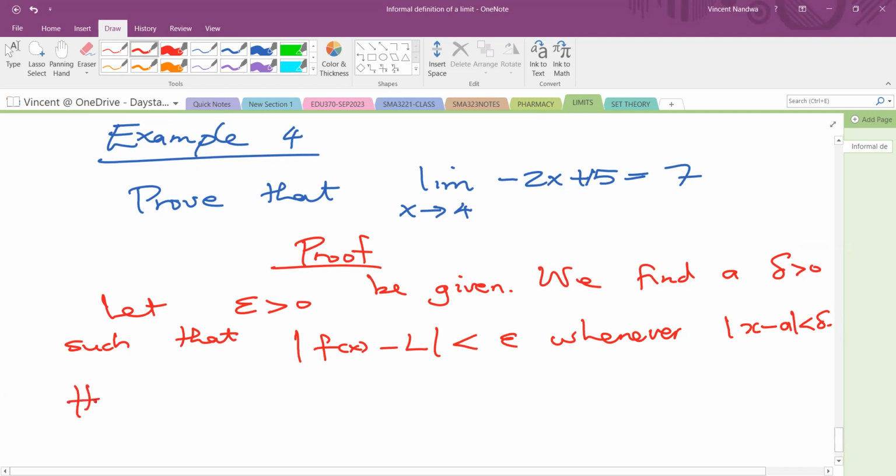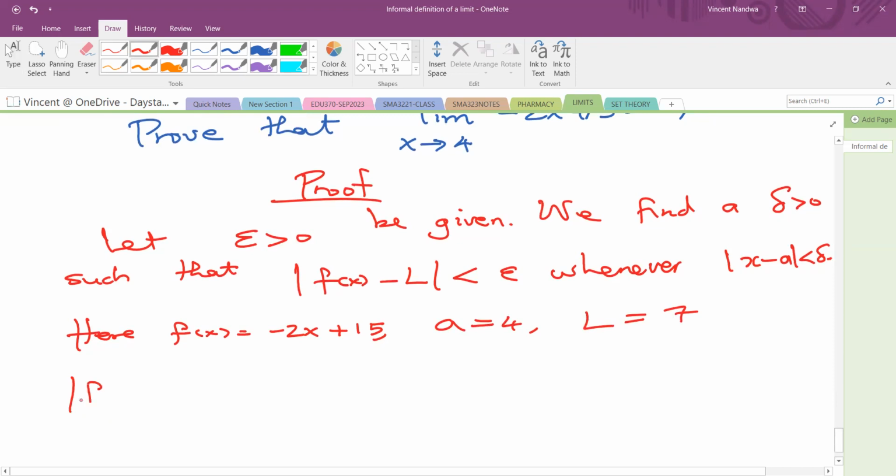So here, f of x is given by minus 2x plus 15, a is given by 4, and L is given by 7.